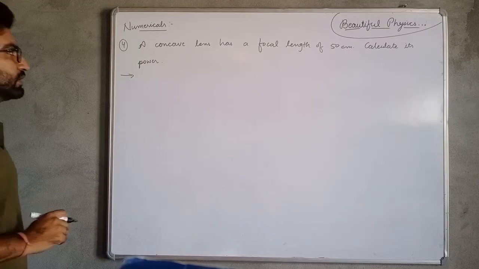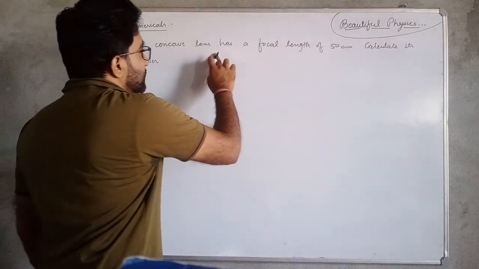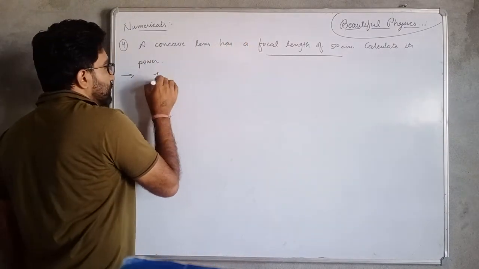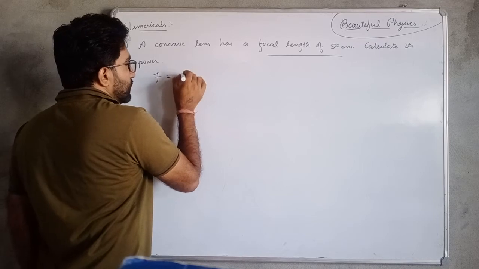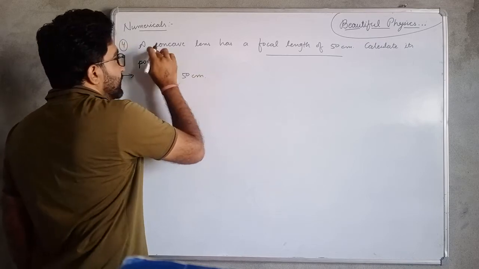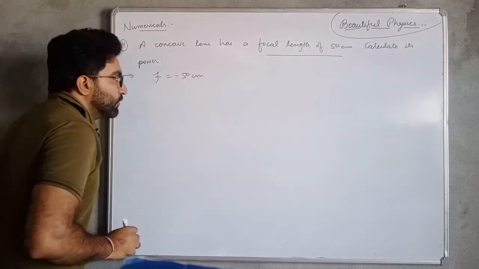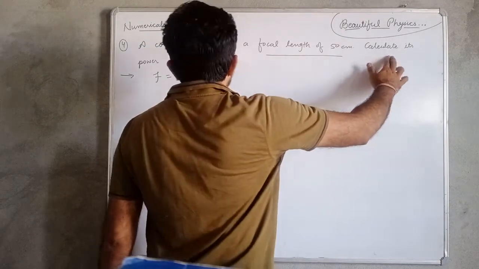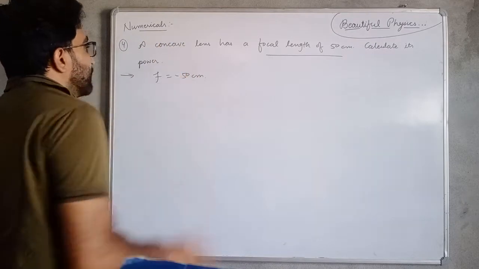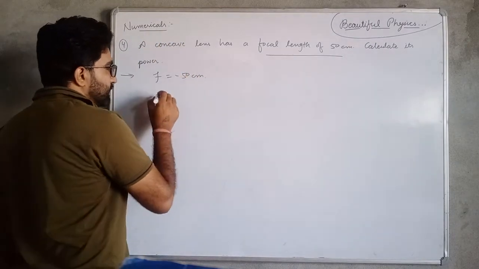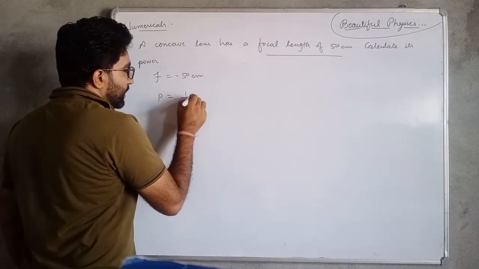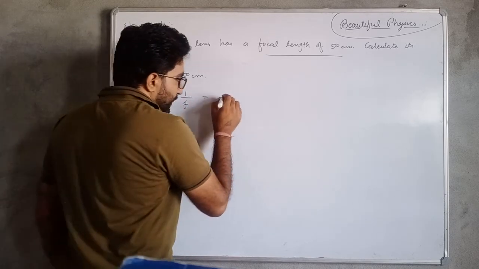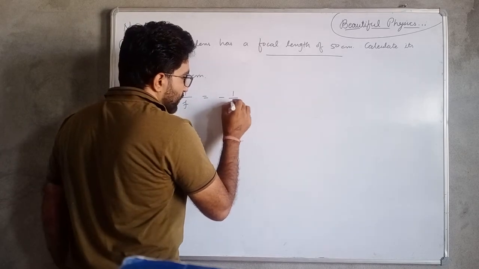Our next question is, we have given a concave lens having a focal length of 50 centimeter. F is equals to 50 centimeter and it is a concave lens, so the focal length will be negative. Next, we have to calculate its power, and we know that power is equals to 1 by focal length, and it will be equals to minus 1 by 50.